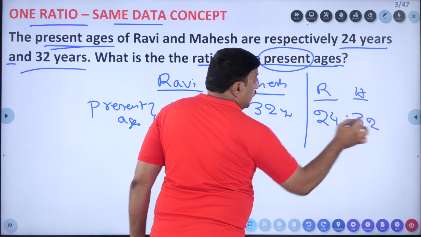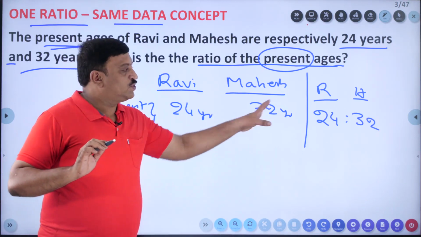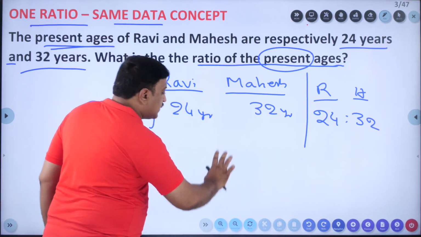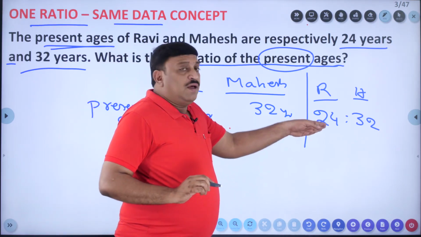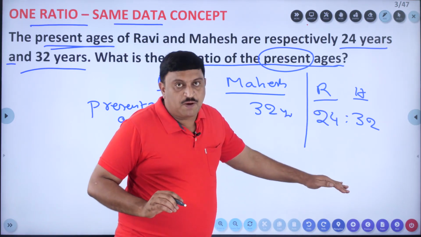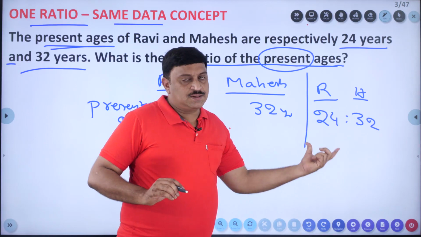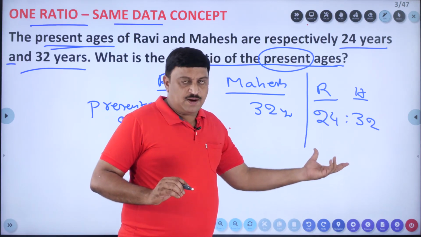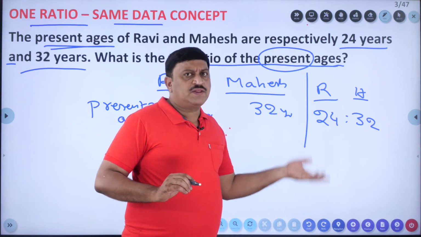It is a general representation of a ratio. That is the way you have to represent the ratio. But they are not simplified actually. Ratio should be in the simplest form, that is the minimum form. If there are any common factors, just divide with a common number.